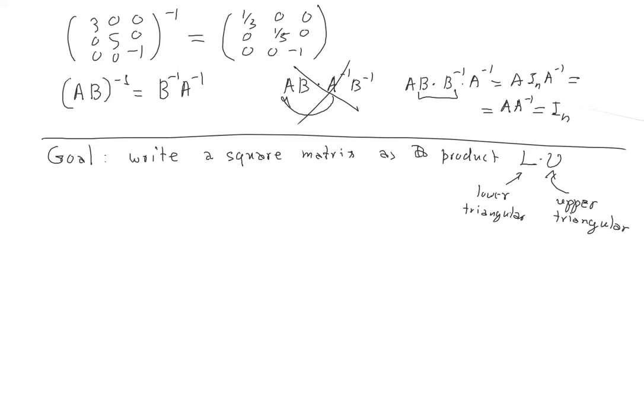So how do we achieve this? The idea is very, very simple. We're going to perform row operations so as to make the matrix upper triangular. The row operations will be chosen so that they're implemented by lower triangular matrices.